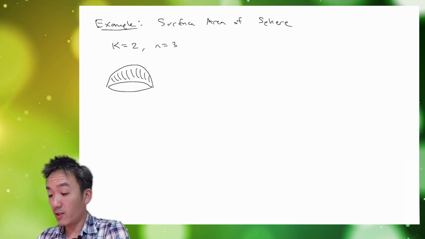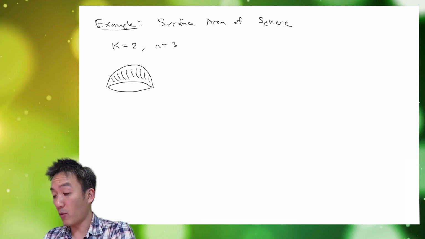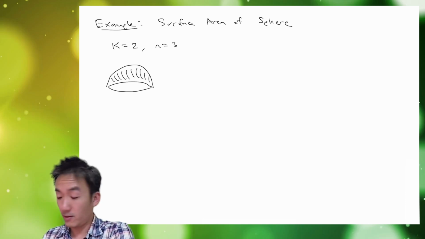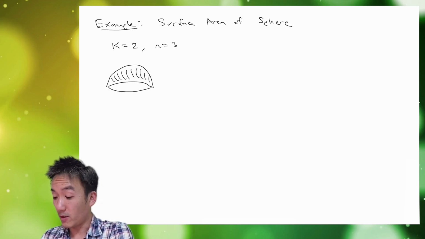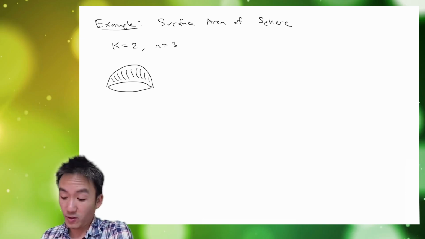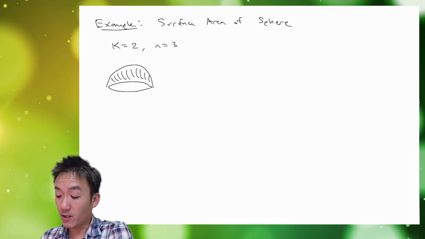And for the sake of simplicity, I'm just going to compute the upper half of the sphere and then double it to get the area. It's just by symmetry: the top and the bottom halves obviously have the same area.